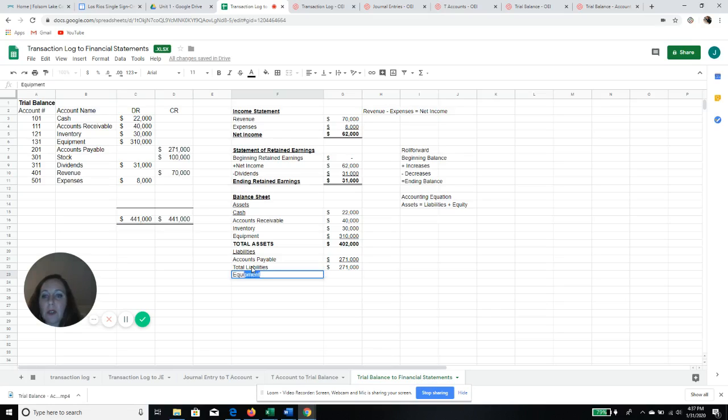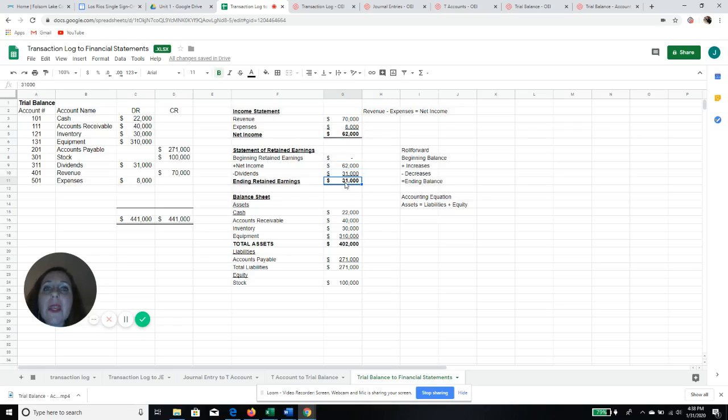Then we're going to do our equity. And we're going to list our equity accounts. We're going to start with stock, which is $100,000. All right. Our other equity accounts are dividends, revenue, and expenses. Now, if we go back, revenue minus expenses is net income. Our net income minus our dividends is our ending retained earnings.